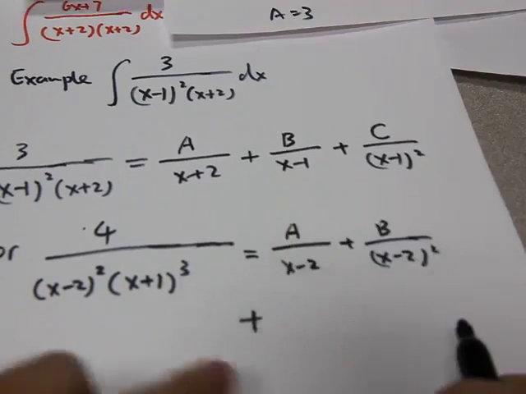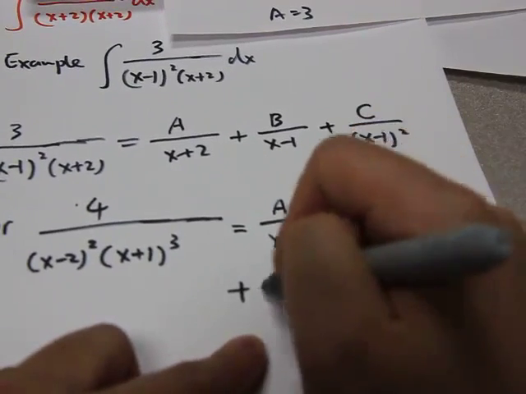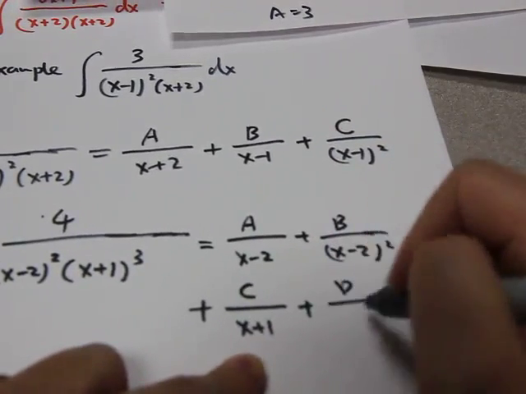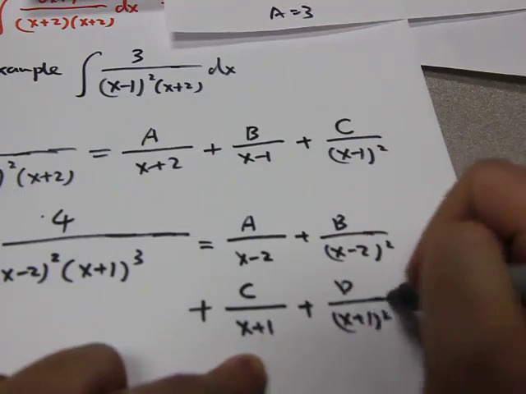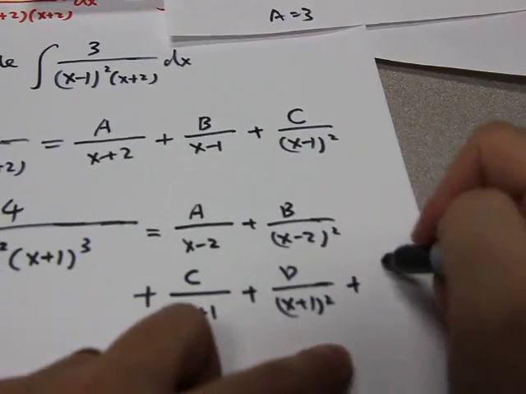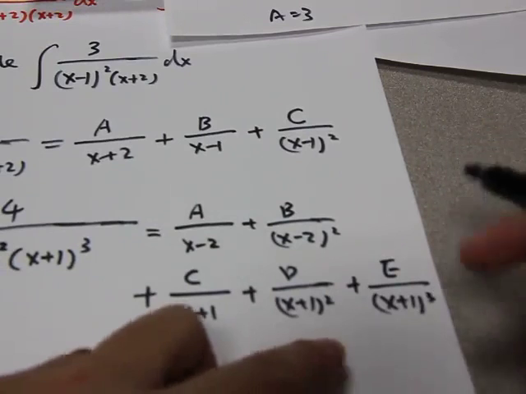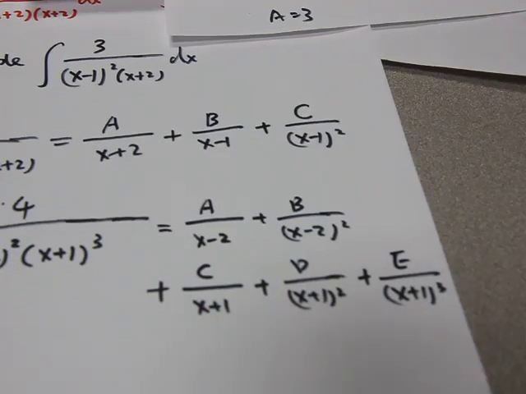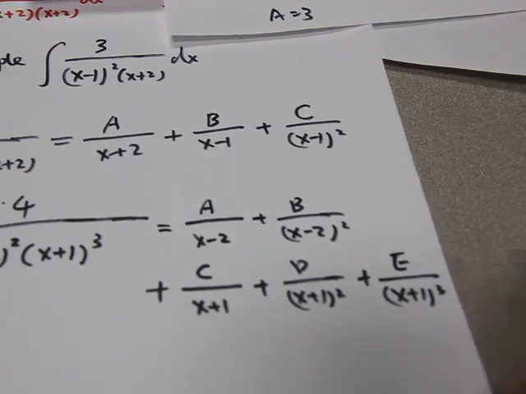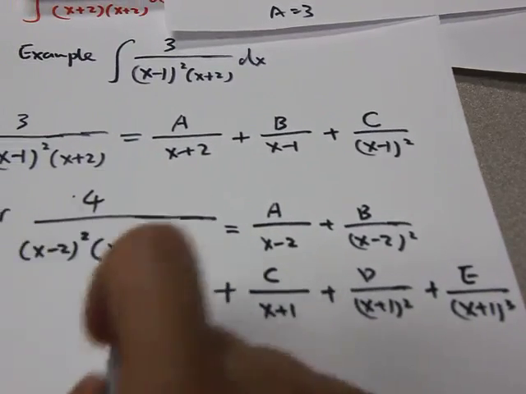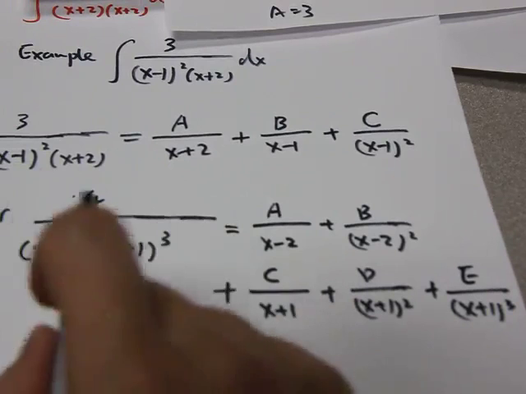And another 3 fractions: C over (x + 1) plus D over (x + 1) squared plus E over (x + 1) to the power of 3, right? So this is the pattern we should use when we have a rational expression like this.